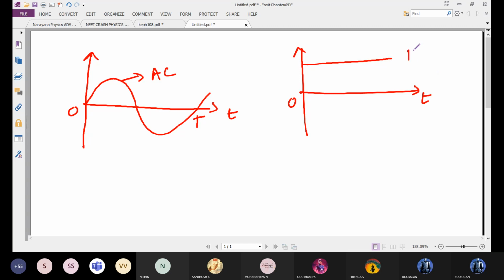This is called direct current. This is alternating current, this is direct current.